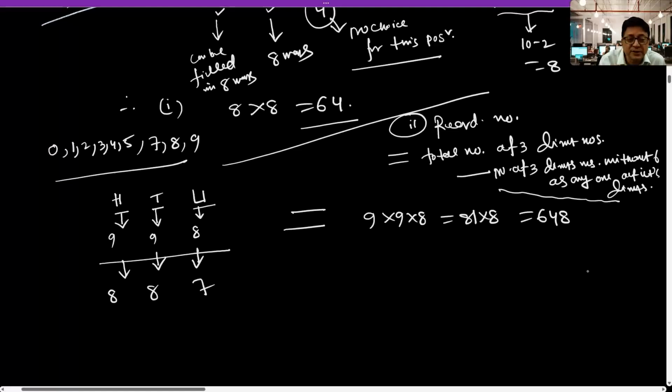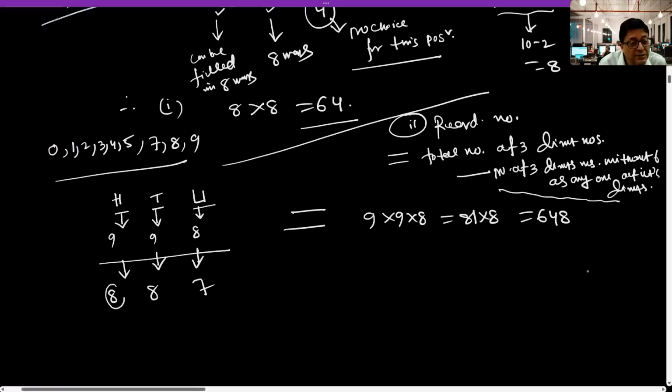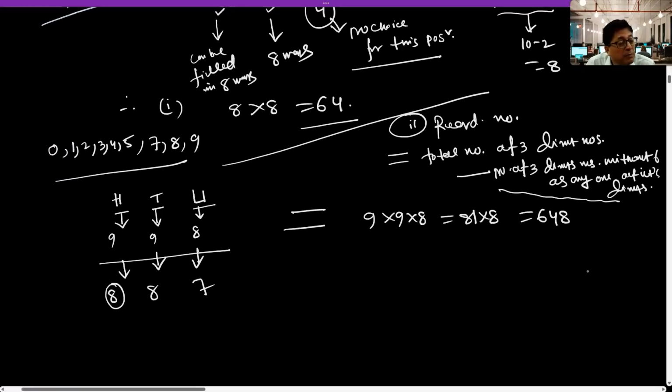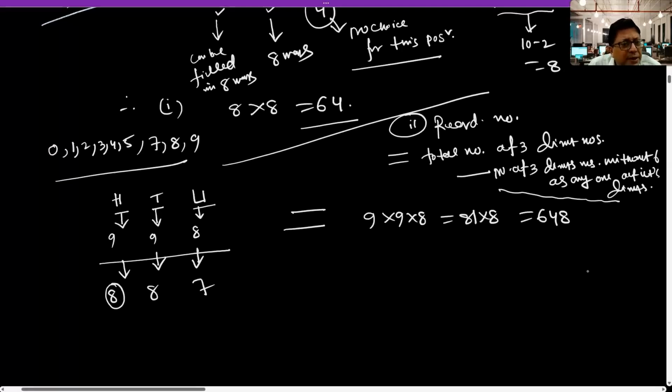You understand? I repeat. This 100 place, 0 can't be there. So out of these 8, only 1. How many ways can be there? 8 ways. Then how many are remaining? Apart from that, at the 100 place you haven't taken 0. You have taken any one of those 8. That's why 8. Now remaining how many?